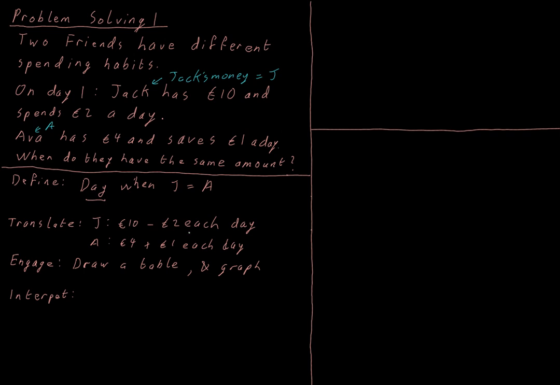So let's start off, and we're going to draw our table of Jack's money. So we start off with Jack. Let's make our table, and we're going to have days.